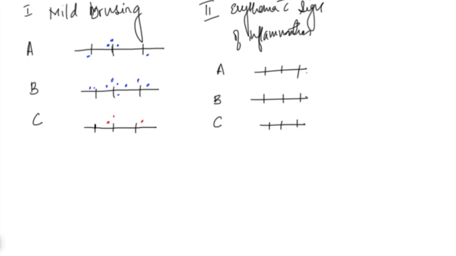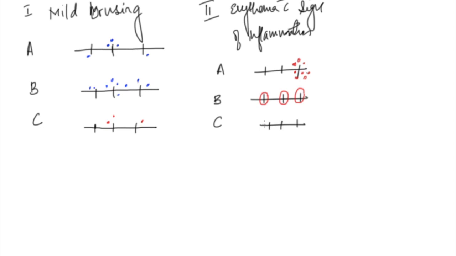A is erythema and signs of inflammation at one point, so there's a lot of erythema here, a lot of inflammation at one point. B is when you can make out that there is erythema and signs of inflammation around the sutures, like this.